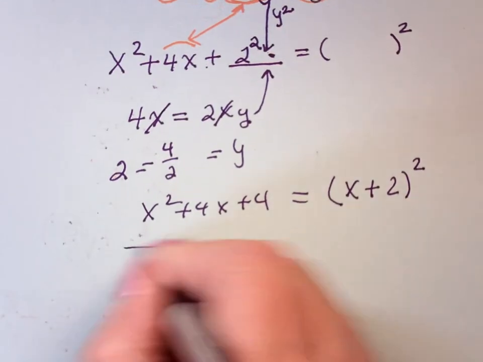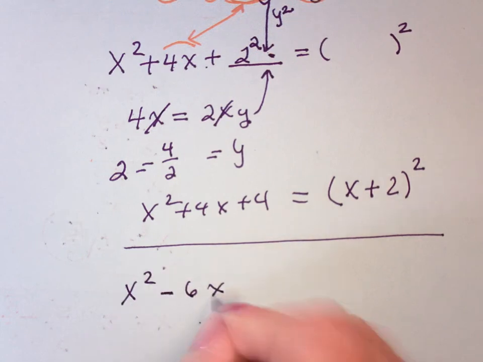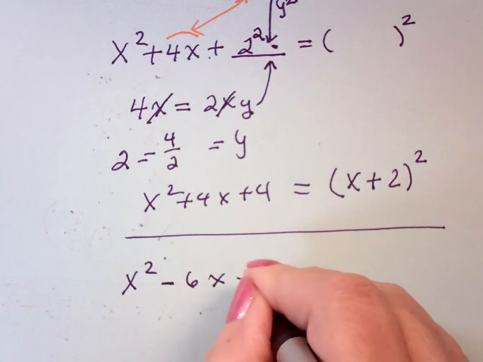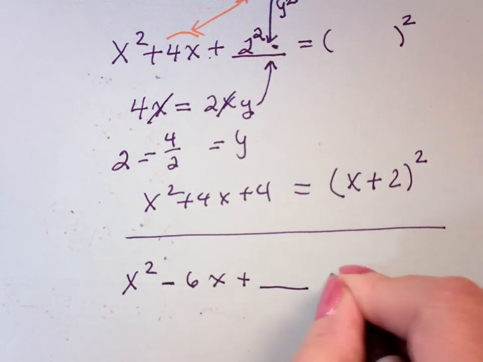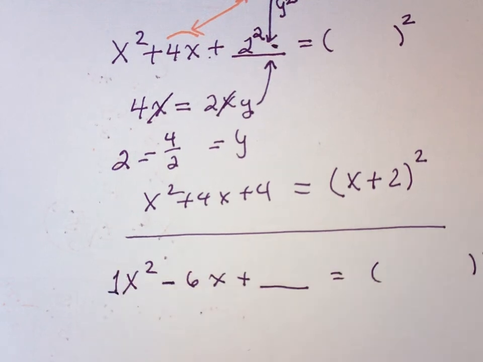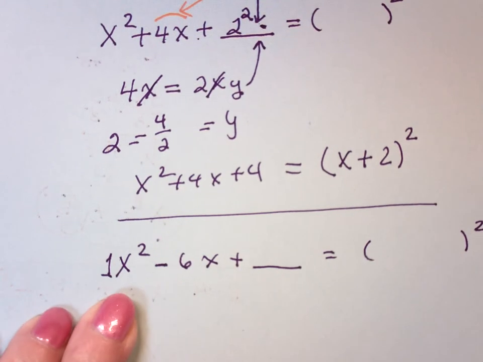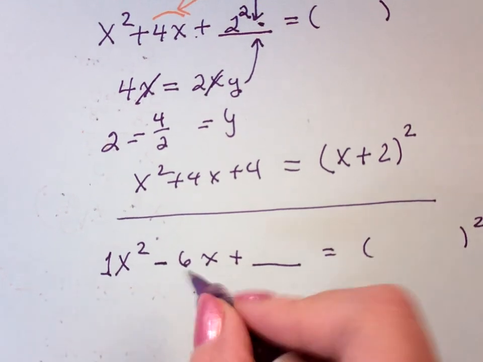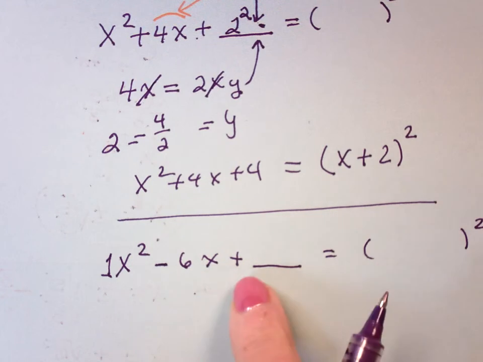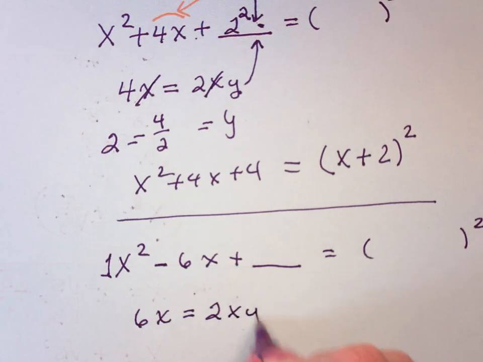Suppose what I have instead is x squared minus 6x. I want to add something, so this becomes a perfect trinomial square. Now the coefficient of x squared is always going to have to be 1 in order for this to work. Well, what do I need to add? Well, remember that this center term, 6x, is the center, 2xy, while the x's go.